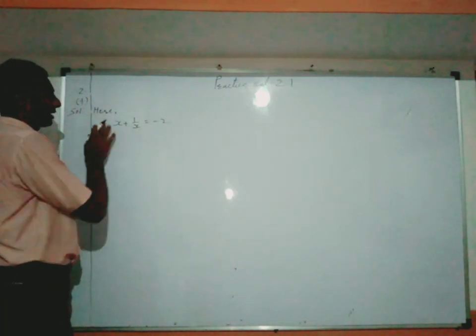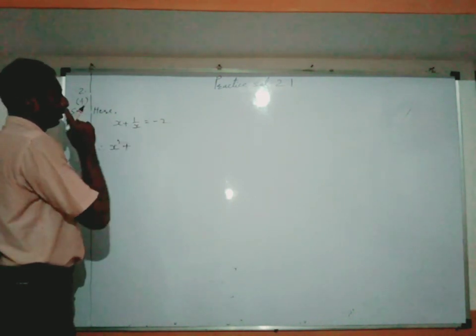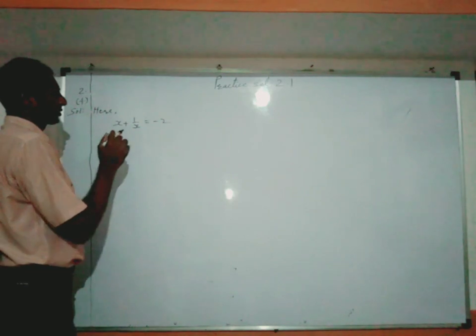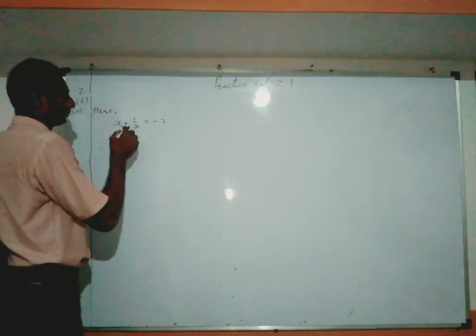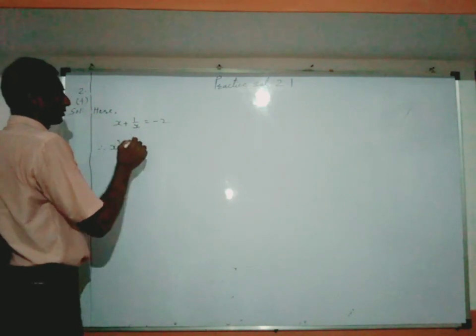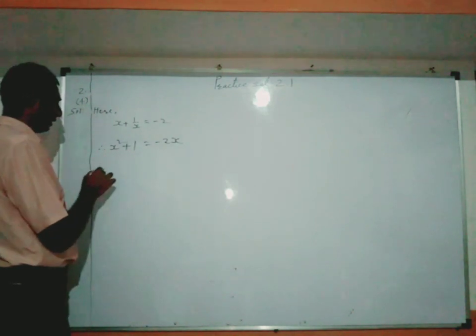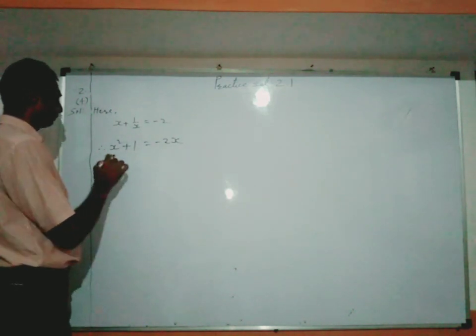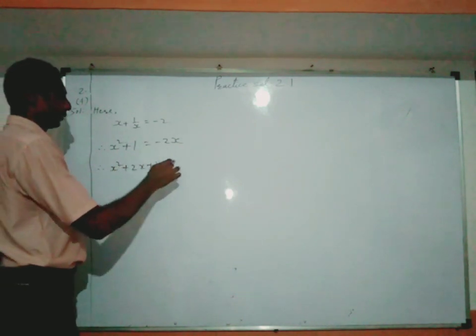Therefore, it gives us x into x, x square, plus 1 upon x into x, x will cancel, leaving behind just 1, equals minus 2x, and therefore it will be x square plus 2x plus 1 equal to 0.